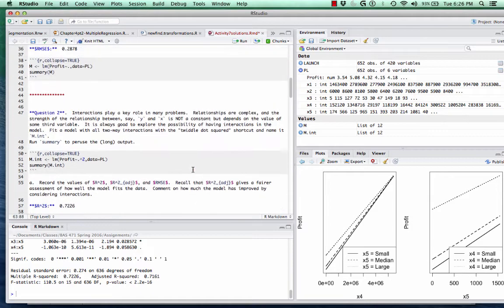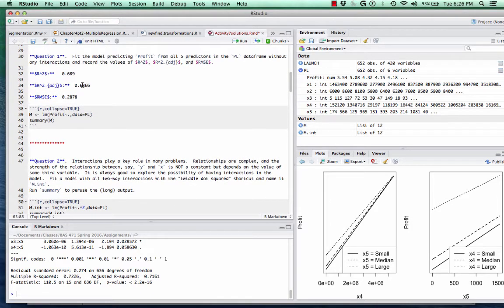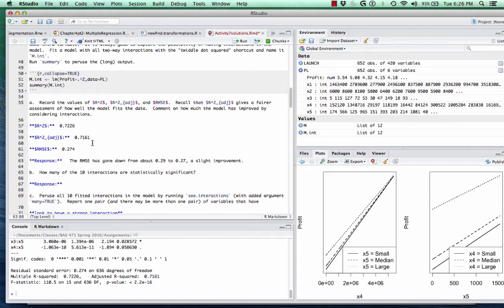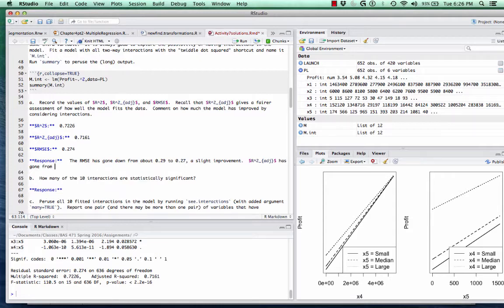The value of R squared adjusted has gone up from about 0.69 to about 0.72, which is a small but nice improvement.